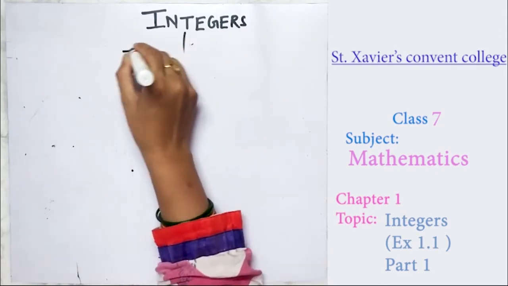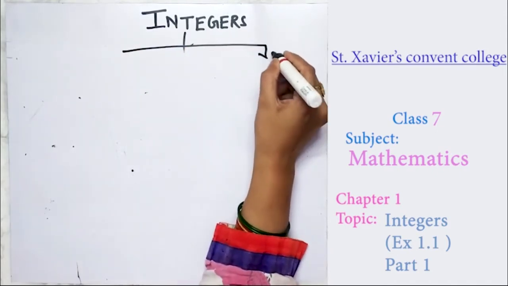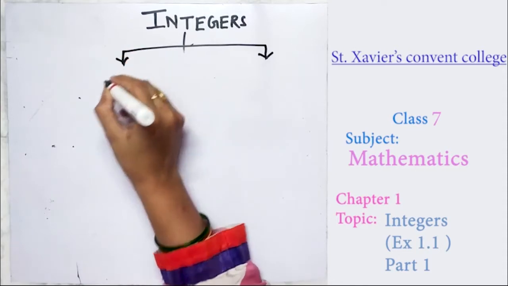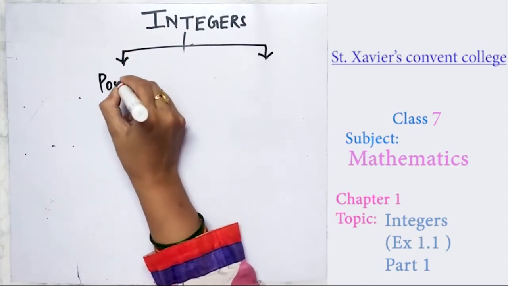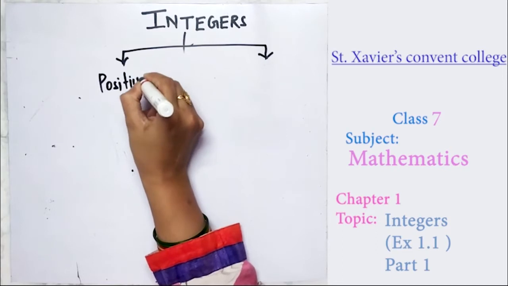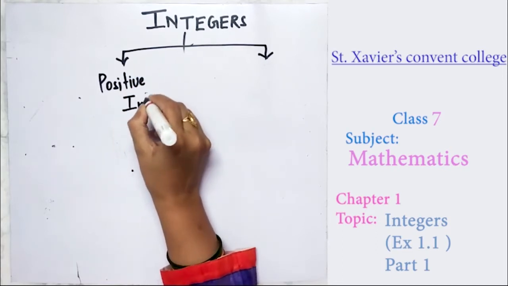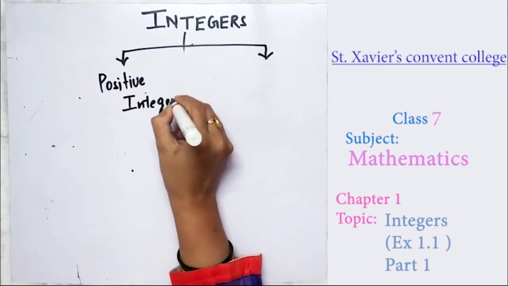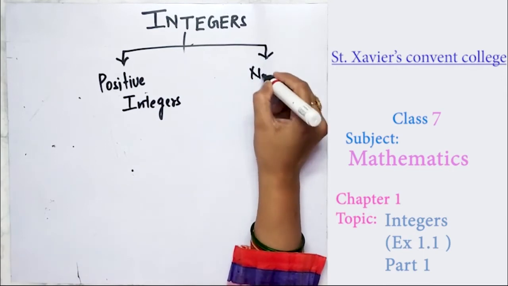Now the integers are divided into two sections: the positive integers and negative integers.